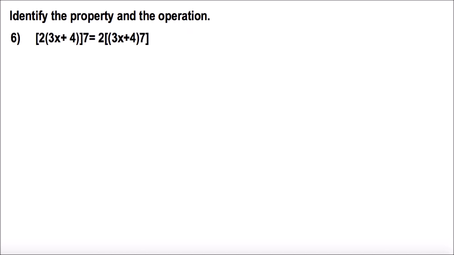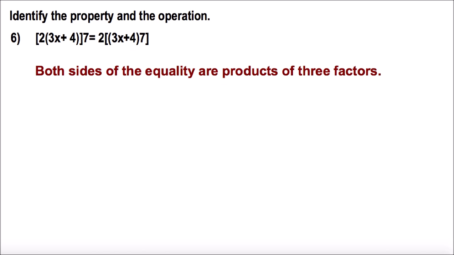Question 6. The quantity of 2 times the quantity 3x plus 4, everything times 7, is equal to 2 times the quantity of the quantity 3x plus 4 times 7. Now in this case, both sides of the equality are products of 3 factors.